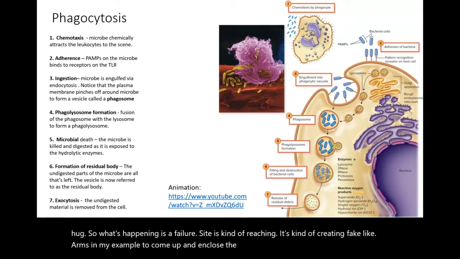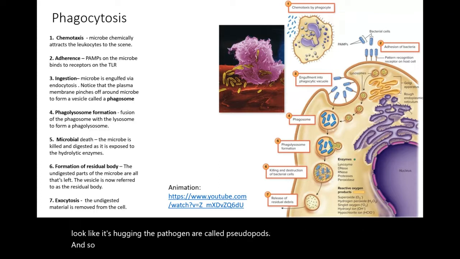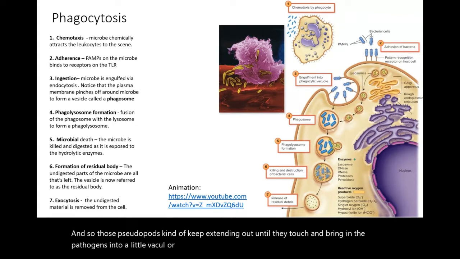Those little extensions that look like it's hugging the pathogen are called pseudopods. And those pseudopods keep extending out until they touch and bring in the pathogens into a little vacuole or a vesicle. Okay, so now the pathogen is inside the phagocytic cell.